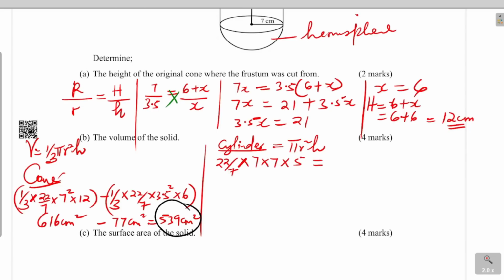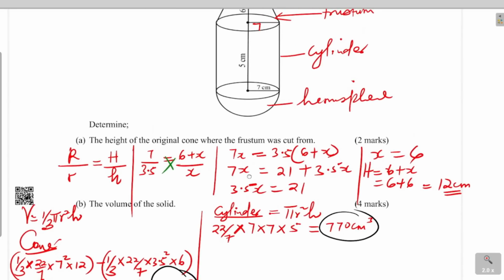When you multiply these, it will give 770 centimeters cubed. So the frustum is 539 centimeters cubed, and this one is 770 centimeters cubed. So that is the volume of the cylinder. Now let's go to the hemisphere.